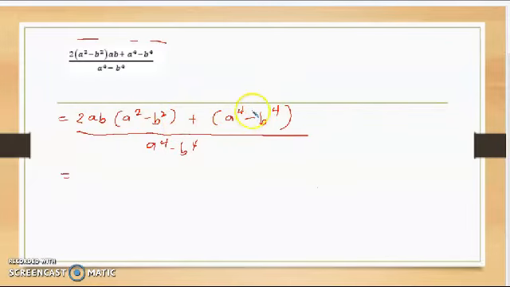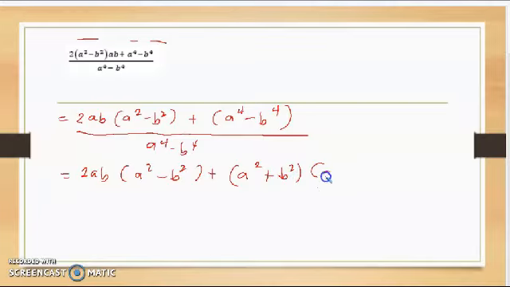Now, as you can see, guys, a to the fourth minus b to the fourth is a difference of 2 squares. So get the factors of a to the fourth minus b to the fourth. So copy first the first term, which is 2ab times a squared minus b squared, and then plus, the factors of this are a squared plus b squared times the quantity of a squared minus b squared.